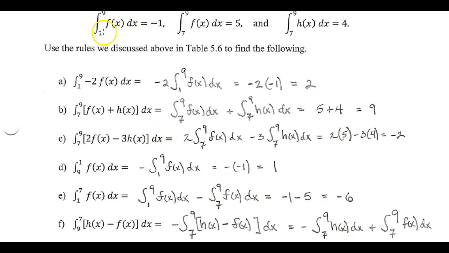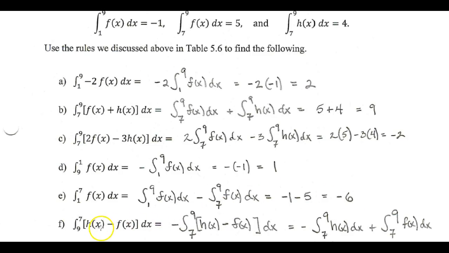I have the integral from 1 to 9 and from 7 to 9, so I can take the integral from 1 to 9 and subtract what's from 7 to 9, and that would leave me with 1 to 7. So the integral from 1 to 7 is the integral from 1 to 9 of f of x dx minus the integral from 7 to 9 of f of x dx. That would leave you the integral from 1 to 7 of f of x dx. So that's minus 1 minus 5, which is minus 6.